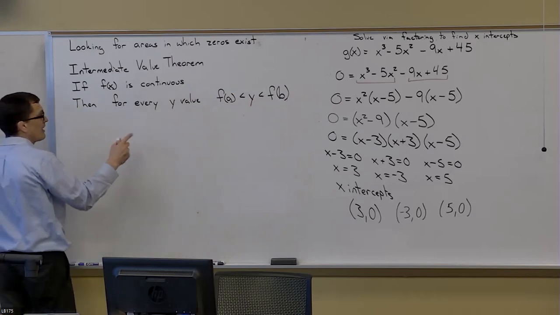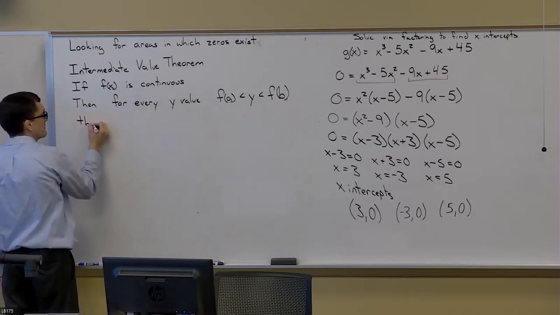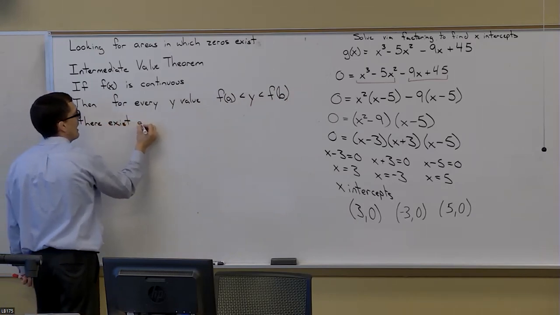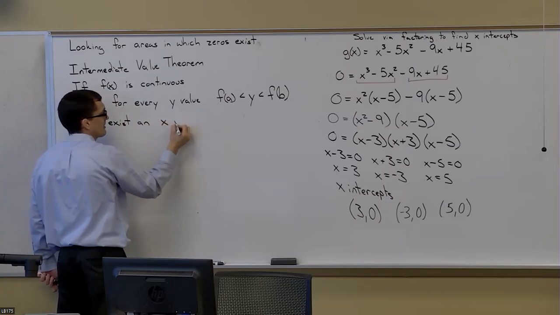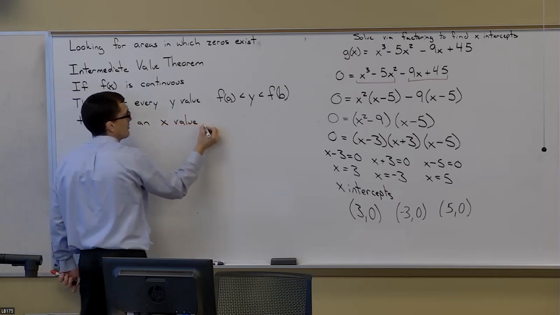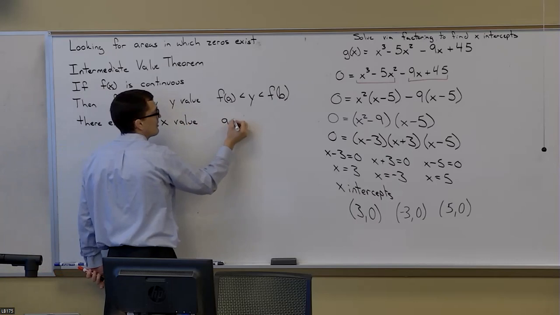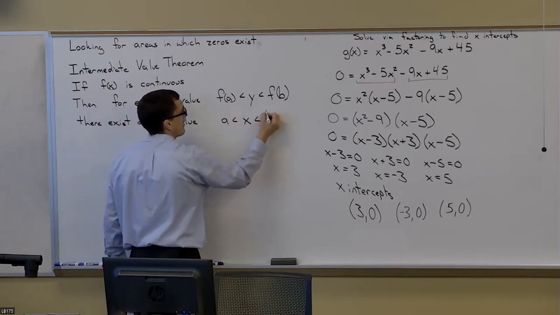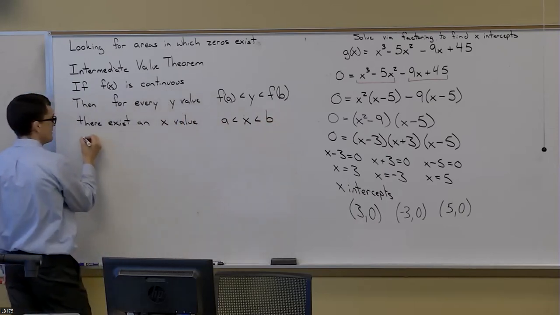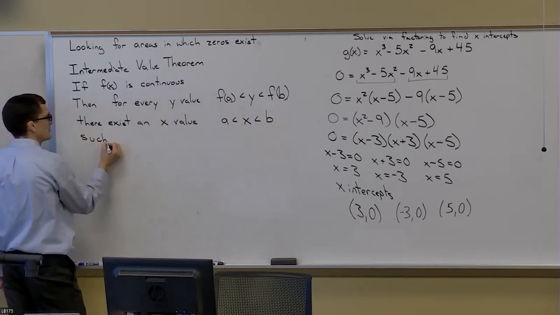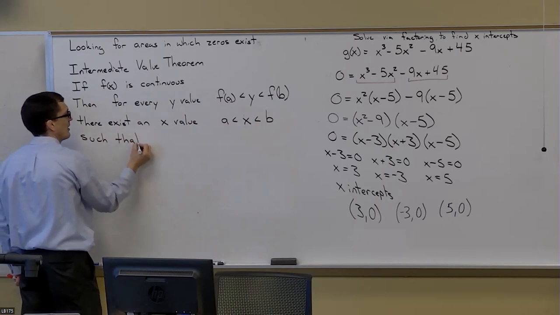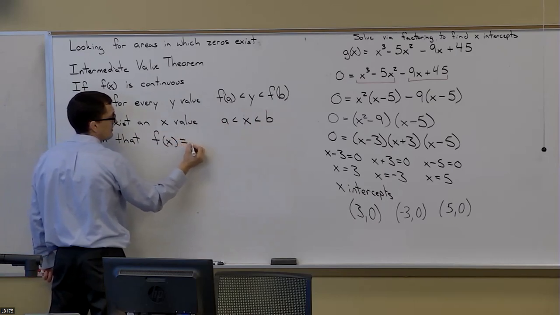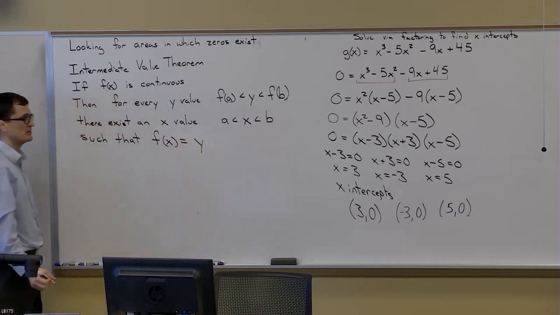Then for every y value, there exists an x value between A and B such that when you plug in that x value, it gives you the y value you want.